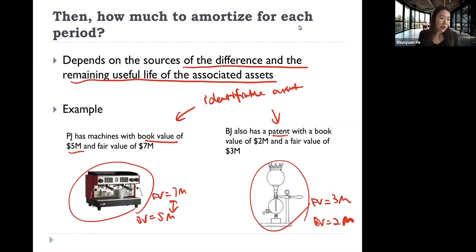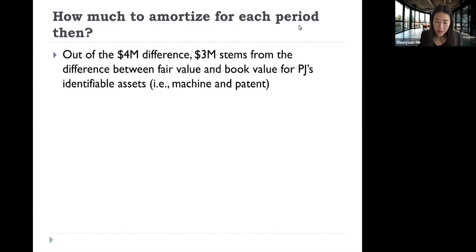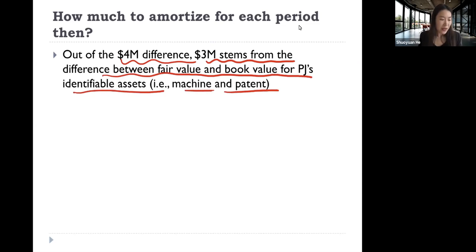So those are the only two sources you can find here. And then out of the 4 million difference, 3 million stems from the difference between fair value and book value of PG's identifiable assets, which are the machine and the patent.